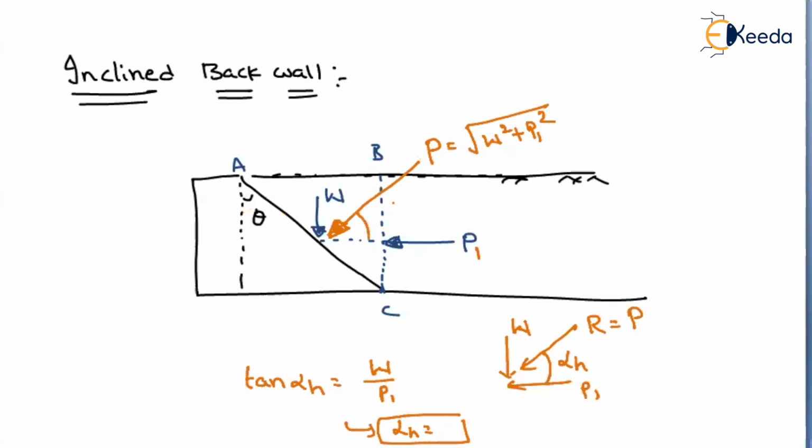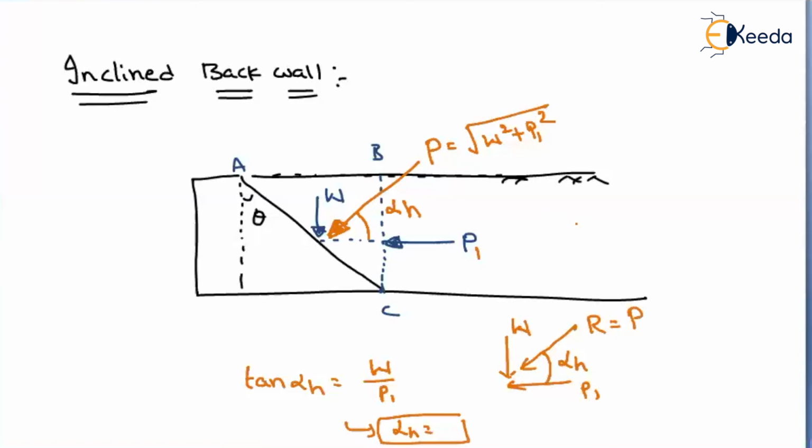With respect to the horizontal, it will act at an angle of alpha h. That can be found by using this relation. And whatever its magnitude, it will be equal to under the root W square plus P1 square. So here also we are applying Rankine's theory, but for the inclined portion, the soil over the inclined shape, we are considering the weight of the soil on that wedge.